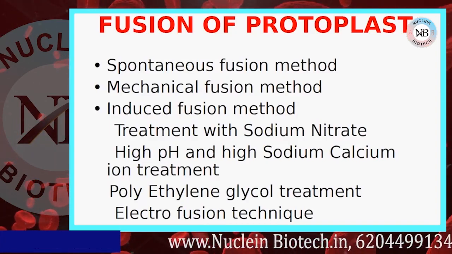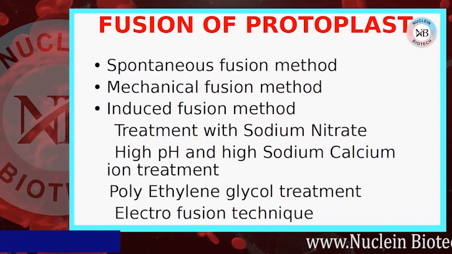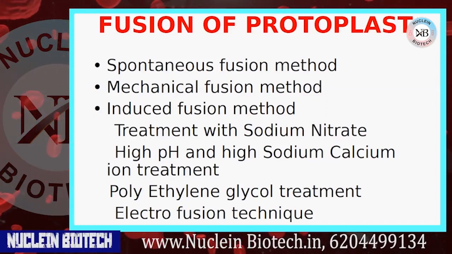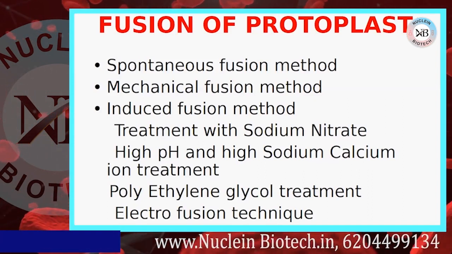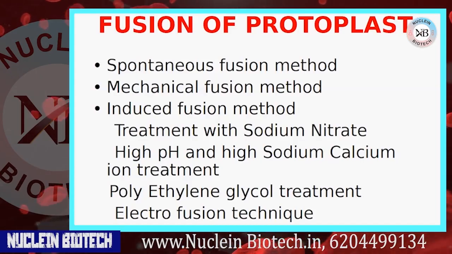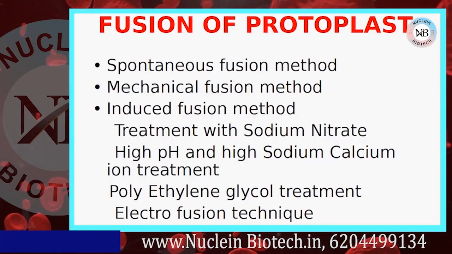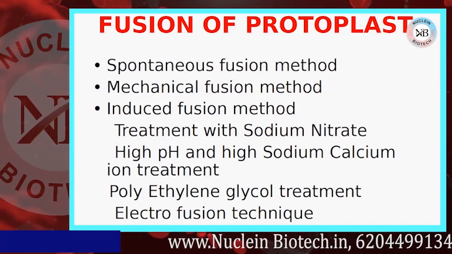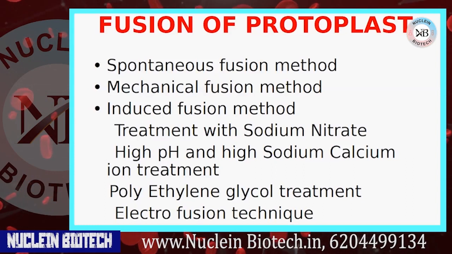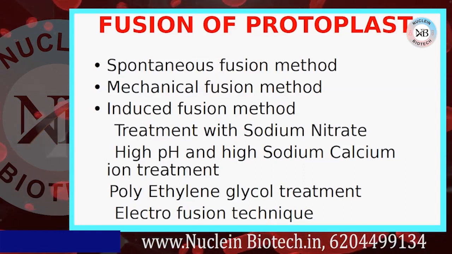Now next is the PEG treatment. PEG means polyethylene glycol treatment. This is one of the most effective methods for protoplast fusion. Isolated protoplasts in culture medium are mixed with an equal volume of 28 to 56% PEG in a tube, like 1 ml culture medium and 1 ml of PEG.